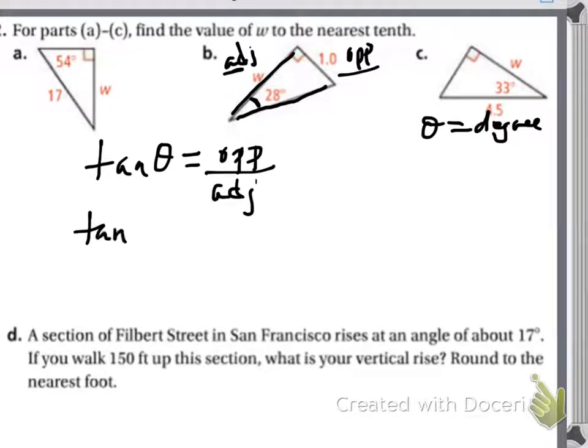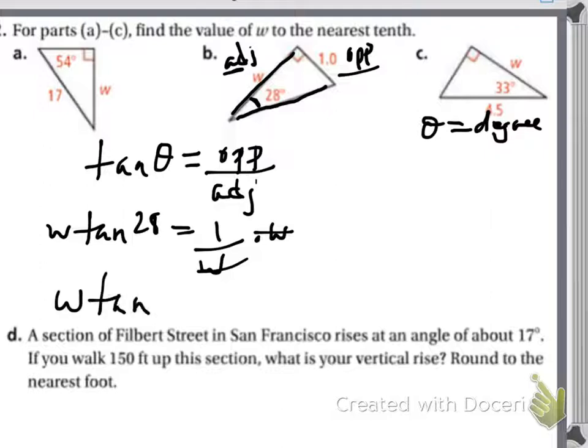So the tangent of 28 is going to equal 1 over W. Now we have to get W out of the denominator, so we multiply both sides by W. Those cancel, and I'm left with W tangent of 28 equaling 1. To get W by itself, we divide by the tangent of 28.